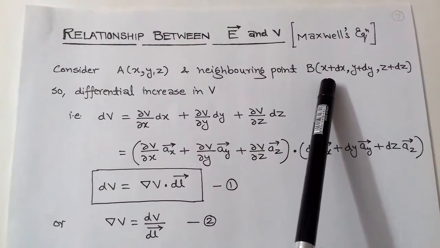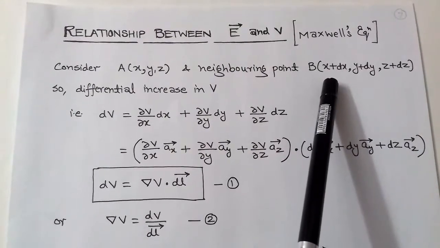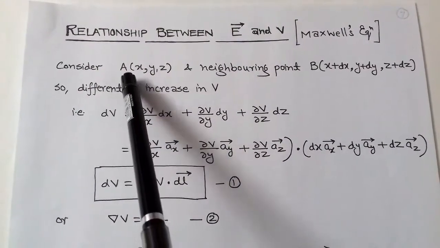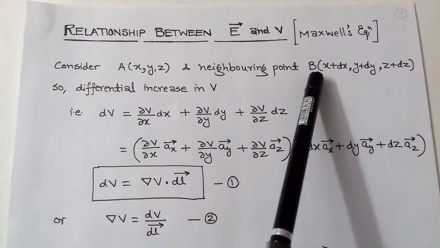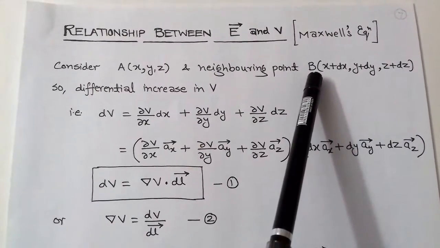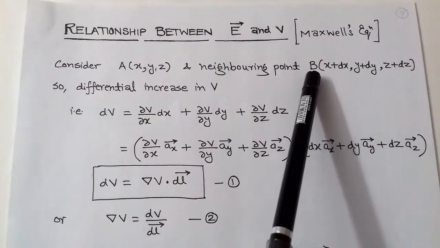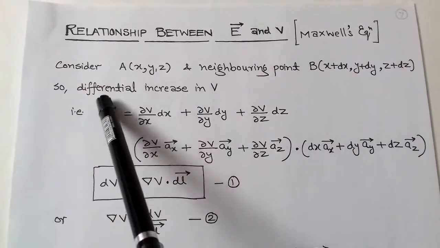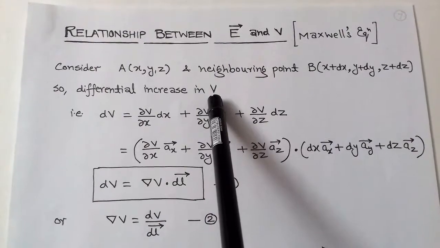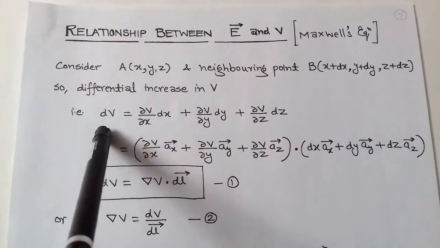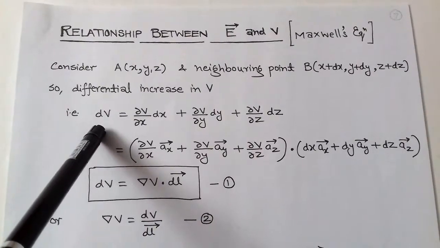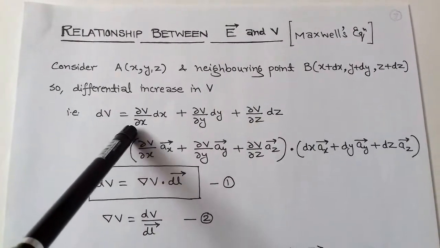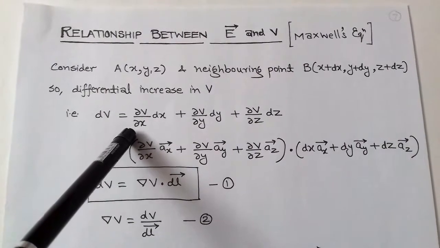The point A has coordinates x, y, z and the neighboring point B has coordinates x plus dx, y plus dy and z plus dz. Means we displace from point A to point B by some small distance. So there is a differential increase in potential also, and this is written as dV.